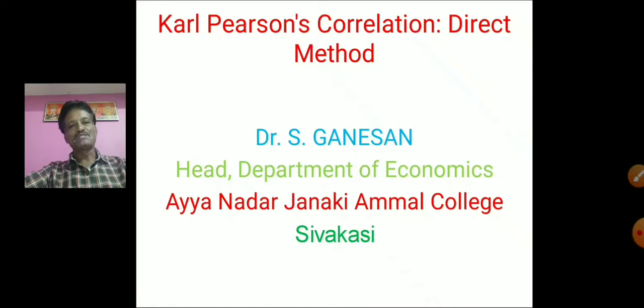In the previous video lecture, we discussed the methods of studying correlation. Under these, we discussed three methods: the scatter diagram method, the graphic method, and the third method given by Karl Pearson. We did not discuss the calculation part or the sums. We discussed only the formulas given by Karl Pearson for three methods: direct method, actual mean method, and assumed mean method.